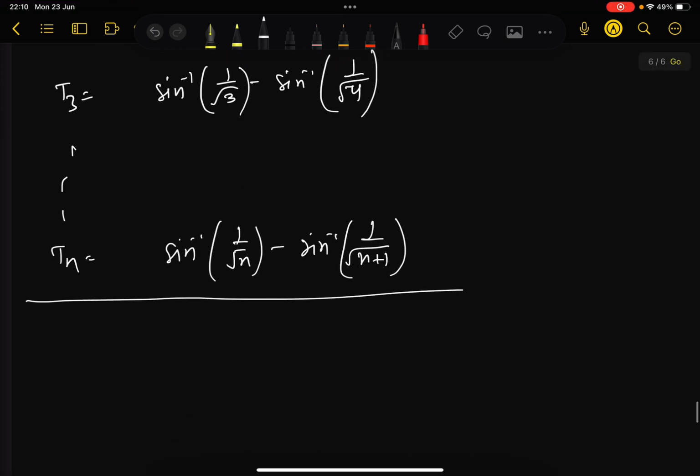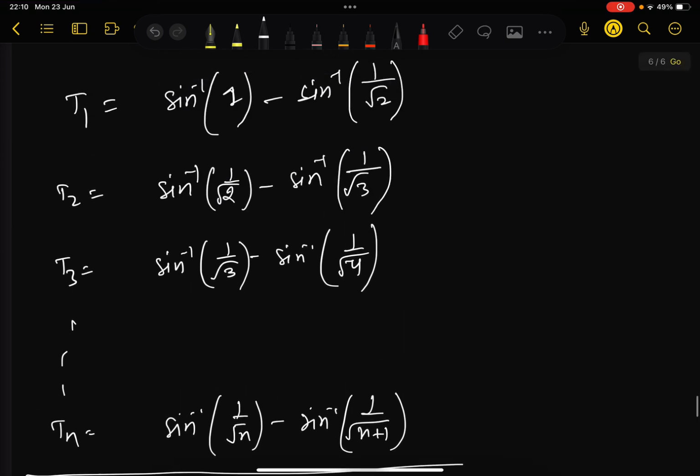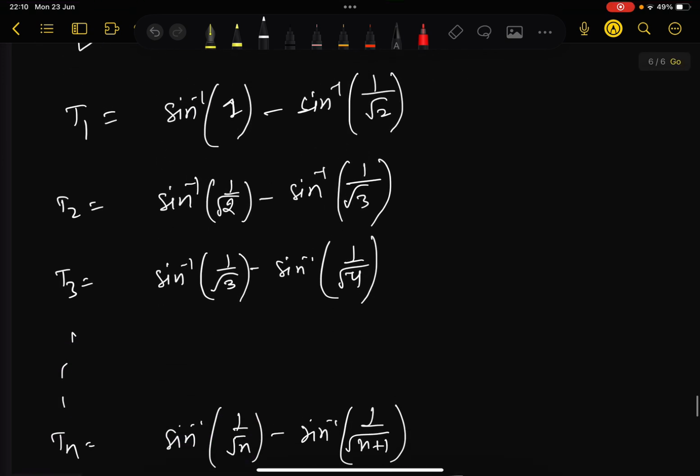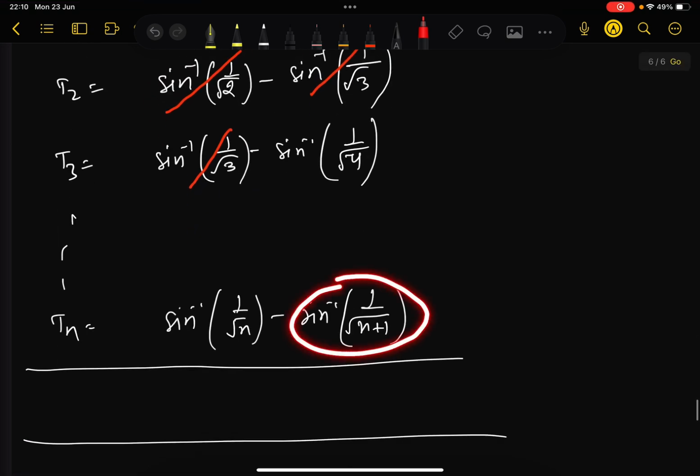So the question is find the sum of the series. So that means if we add first, second, third, fourth term simultaneously, we will get sum of the series. So while adding, what is going on here? So this 1 by root 2, this 1 by root 2, sine inverse 1 by root 2 will get cancelled out, right? Similarly this term and this term will get cancelled out. So like this, first term is remaining here, and at the end we will get the last term. So how much we are getting?